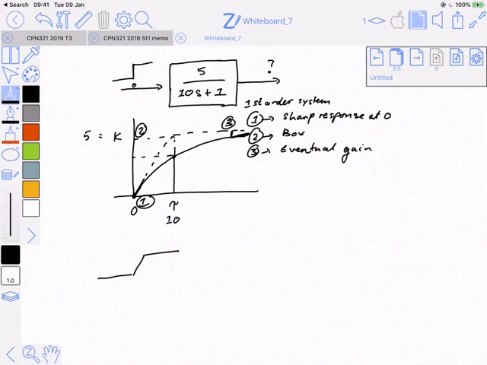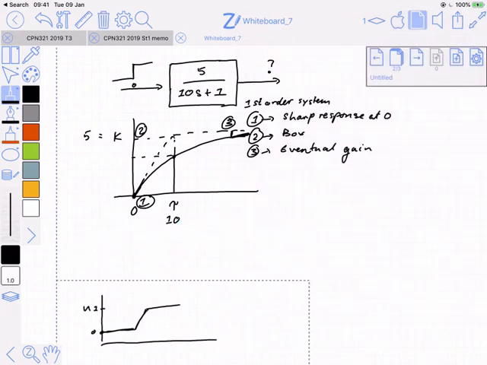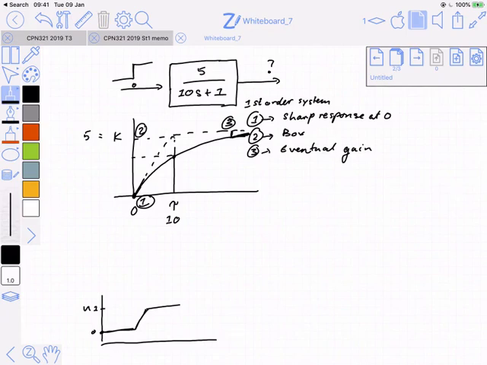And that you should be able to draw, now assuming if that's a gain of 5, if this is the input, if that's u, starting at 0 over there and going maybe to 1 over here, I expect every one of you to be able to know that that change, if that goes from 0 to 1, the output of that first order system will go from 0 to 5.